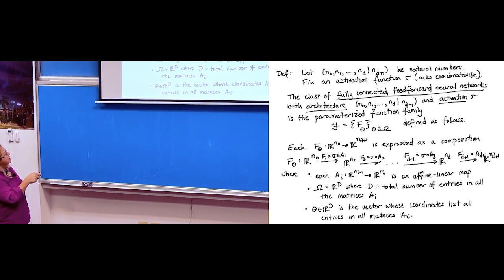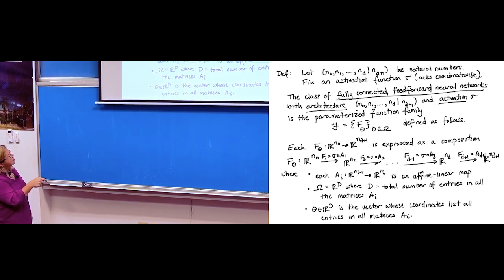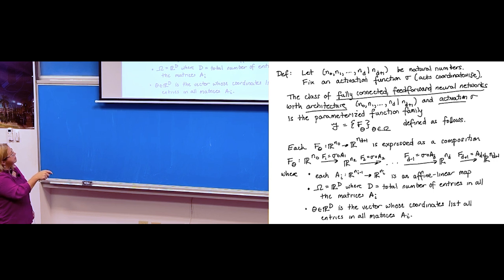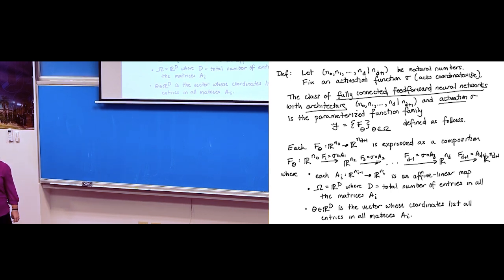Each one, so I'm calling them F1, F2, and so on, is a composition of an affine linear map and then your activation function. So each of these maps, A sub i, is just an affine linear map that goes from whatever the appropriate domain and codomain is.